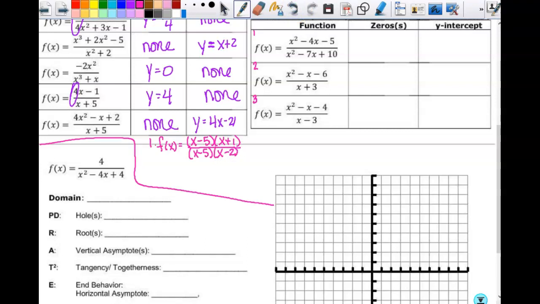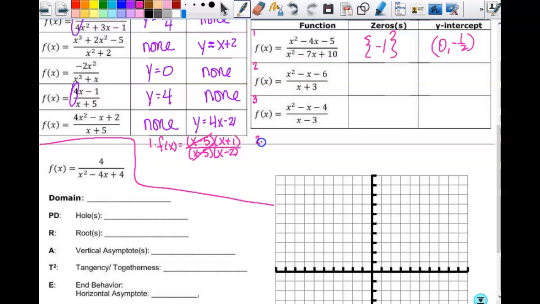So then what happens here is that these cancel out, which means I have a hole, but it's not asking me that here, but I still need to know that they cancel out, because I cancel them out. This is my reduced function that I'm not going to bother to rewrite, and then this is where I get everything else from, right? So my zeros come from the numerator. My zero is just -1. My y-intercept, once I substitute 0 in for each one of these, I'm going to get 0, -1/2.